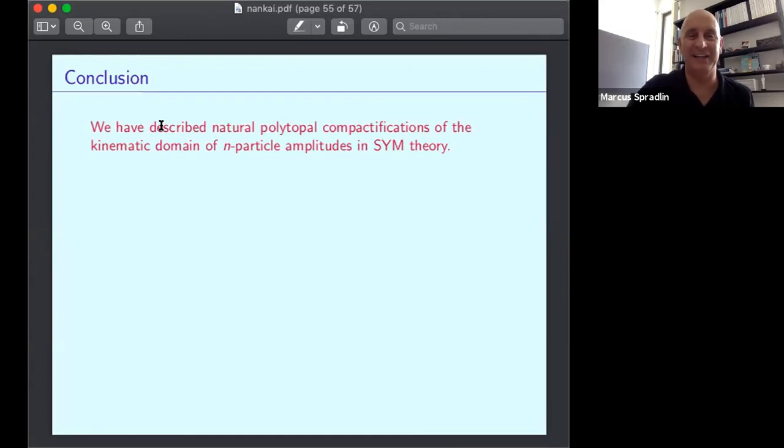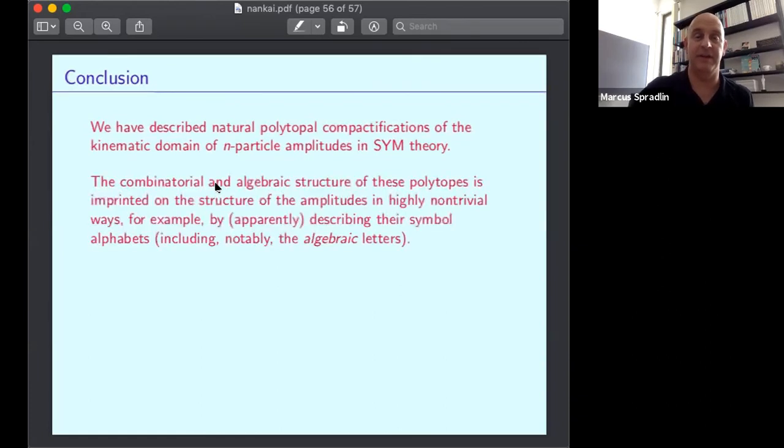And I'll leave some time for questions, hopefully. But to summarize my talk, I've described some natural polytopal compactifications of the kinematic domain of n-particle amplitudes in super-Yang-Mills theory. The combinatorial and algebraic structure of these polytopes is imprinted on the structure of the amplitudes in highly non-trivial ways, for example, by apparently describing their symbol alphabets.